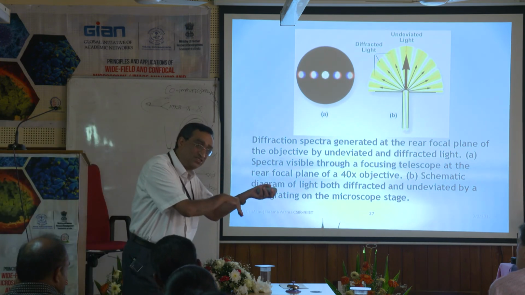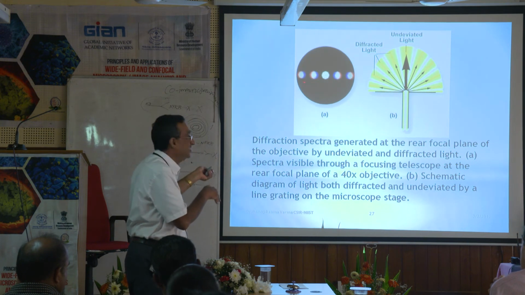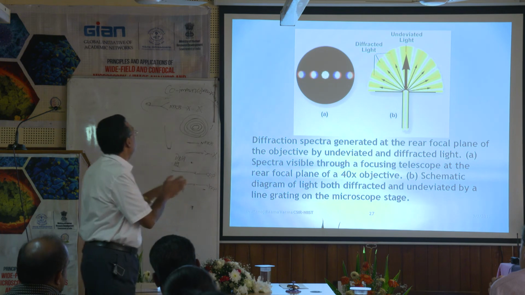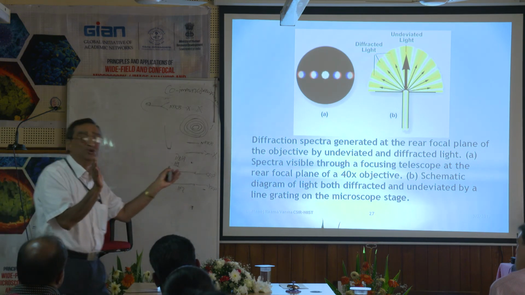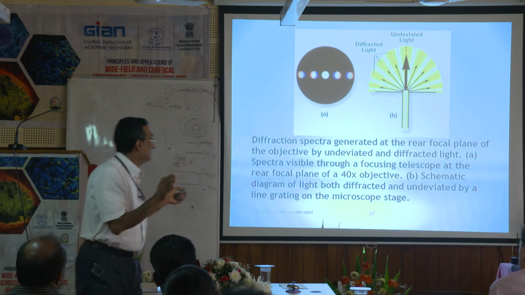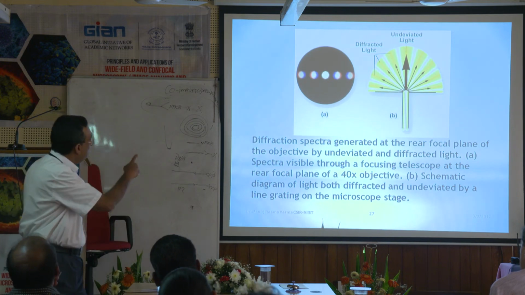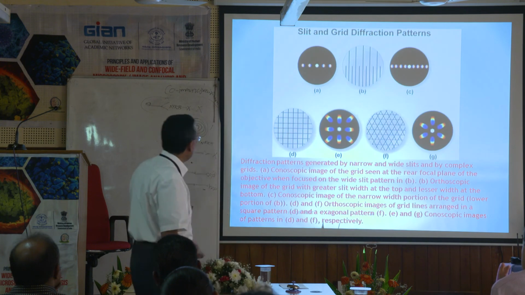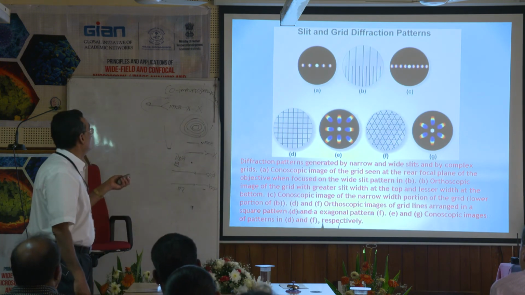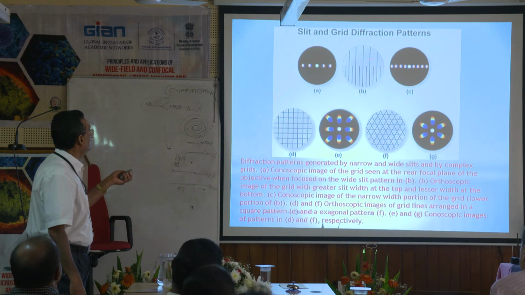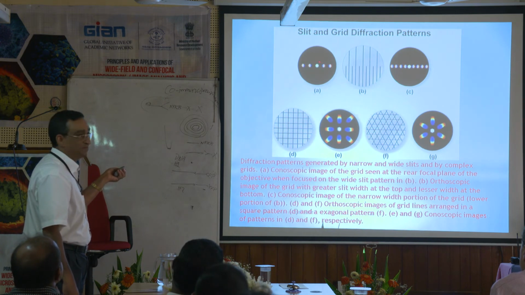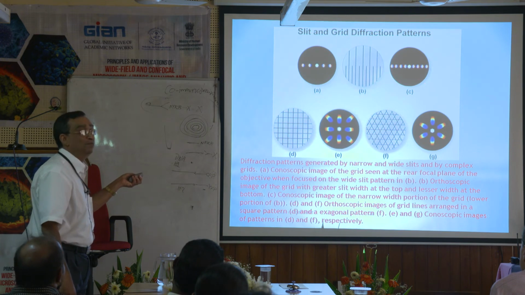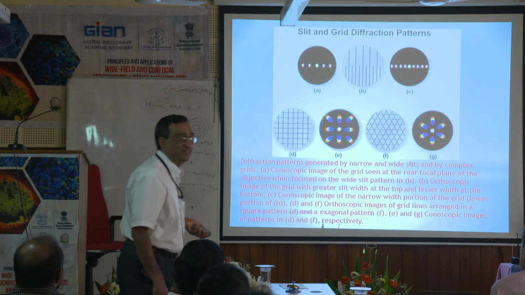Hence at different positions, and because of this the image is dispersed also. So, instead of having one image, you are getting a series of images. If I keep a large-spaced grating, you get this image. With closer planes, you get more images.